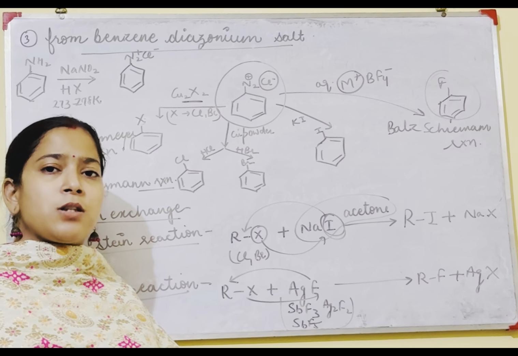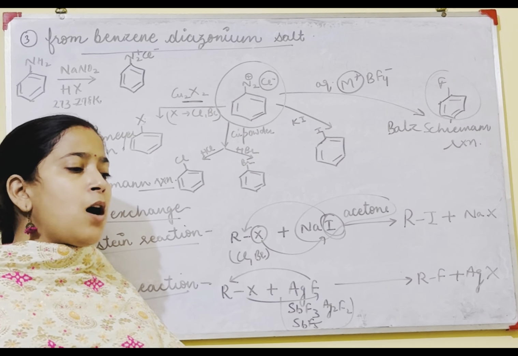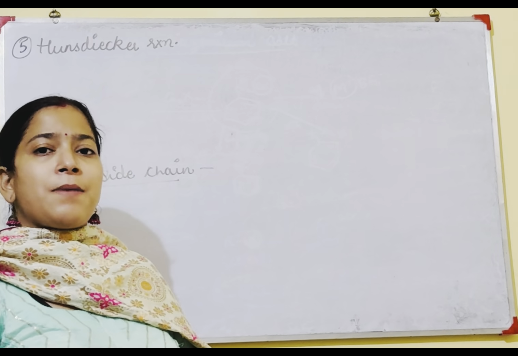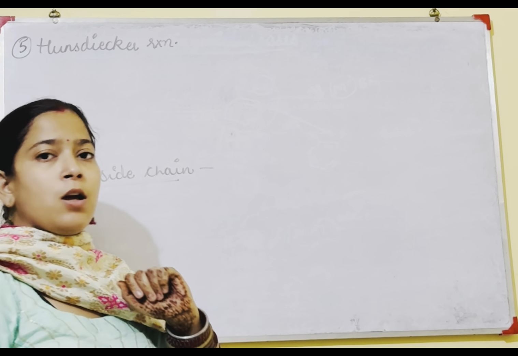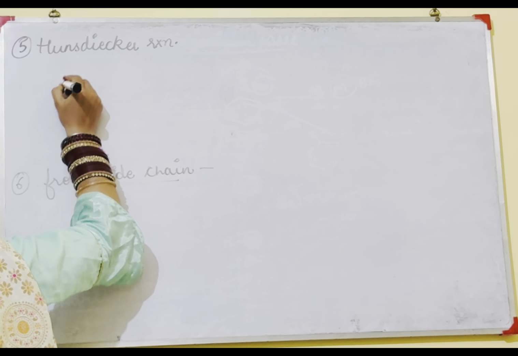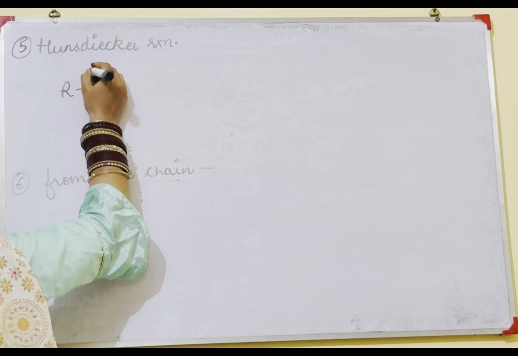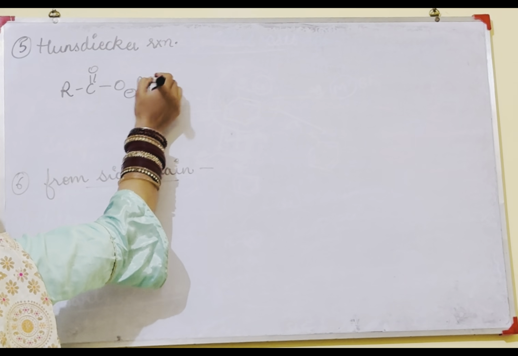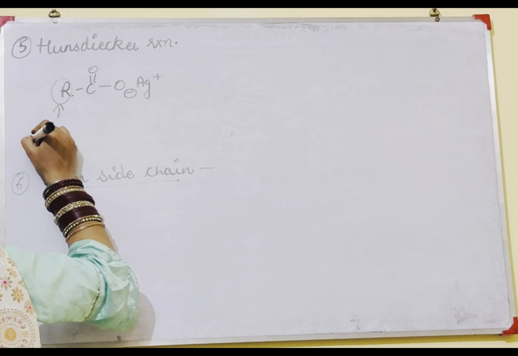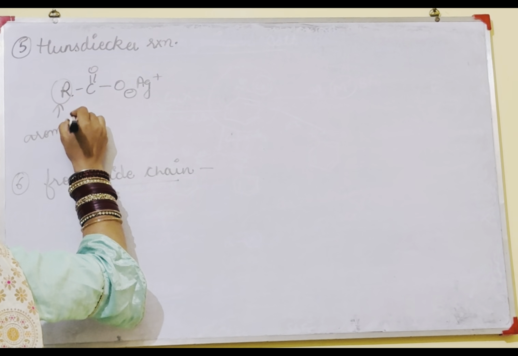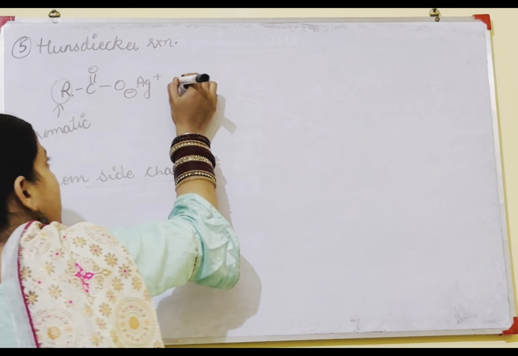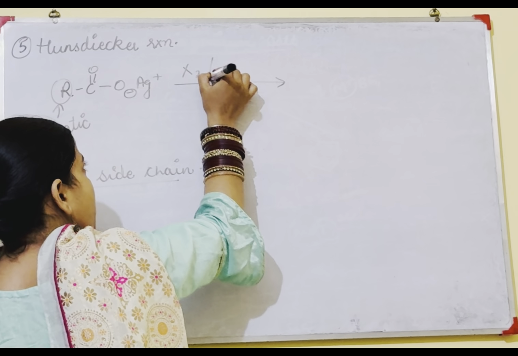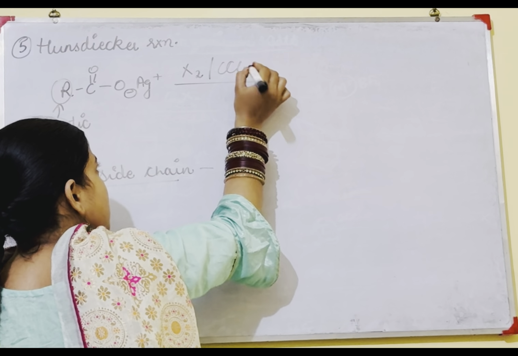After this, we will discuss two more methods, the Hunsdiecker reaction and the side chain halogenation reaction. The next method is the Hunsdiecker reaction. In this case, we take a silver salt of a carboxylic acid, RCOO negative, Ag positive. This R will be aromatic. It is done in the presence of X2, CCl4, reflux.